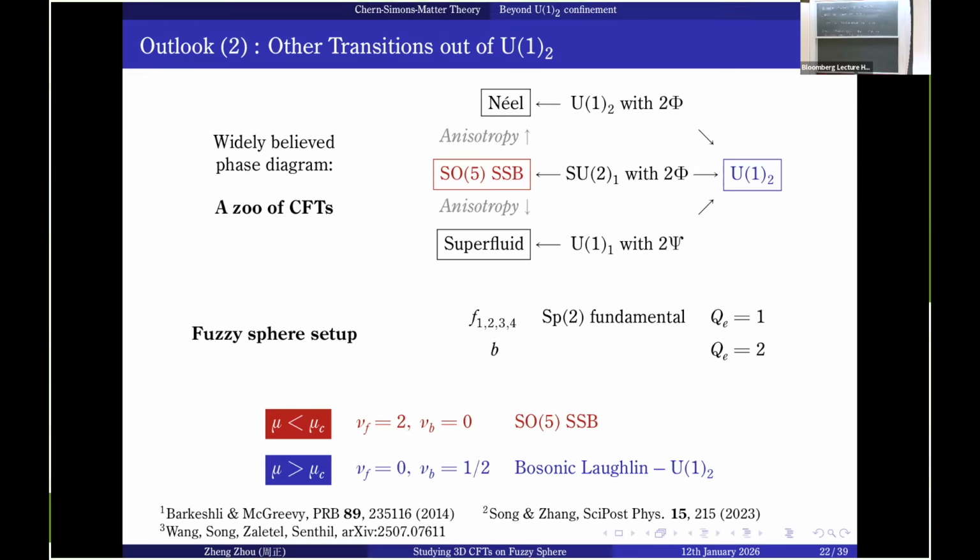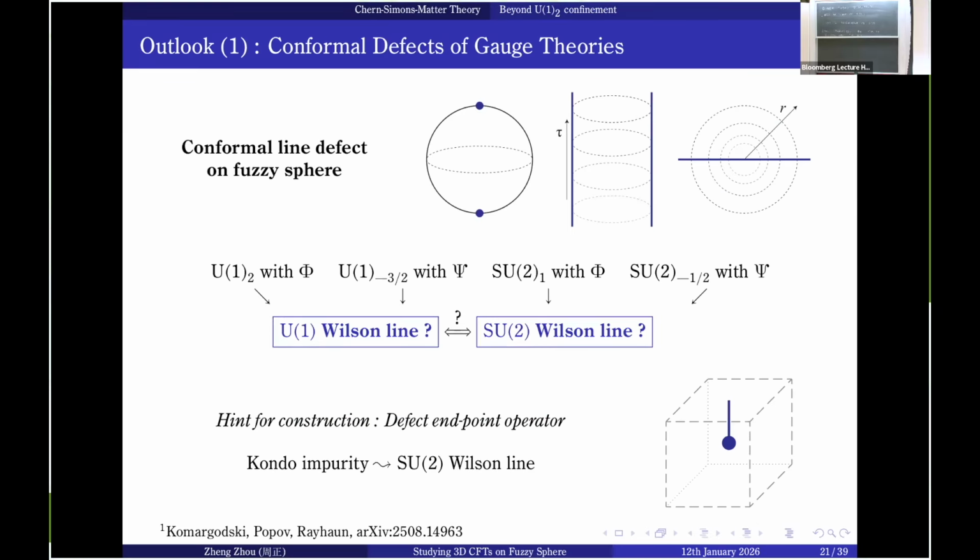So we can also ask. Can you go back? Yes. These Wilson lines, aren't they screened by the dynamical phis? I don't think they can be screened. An argument is that the endpoints carry a projective representation of the SO3 global symmetry, so they can't be screened.